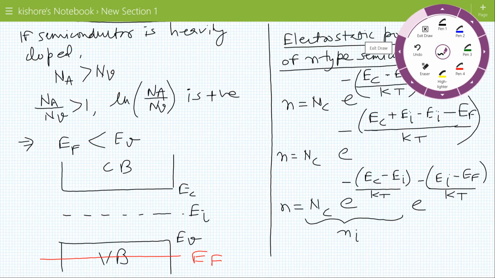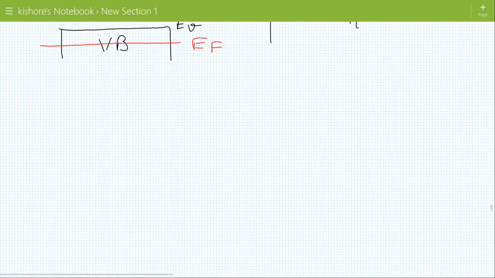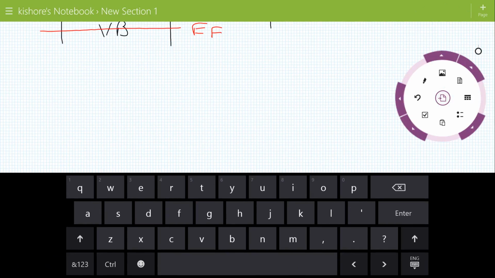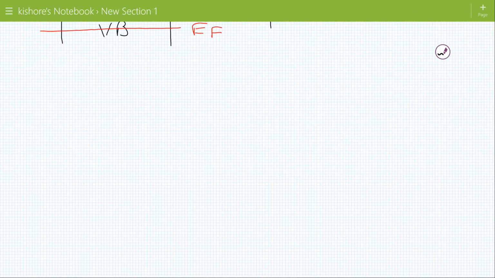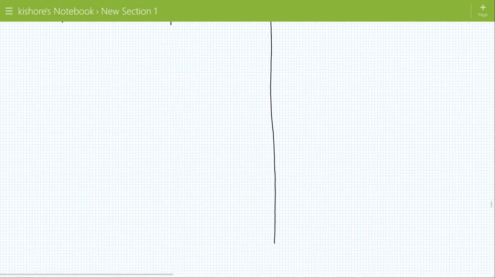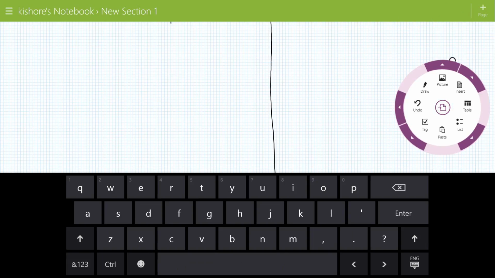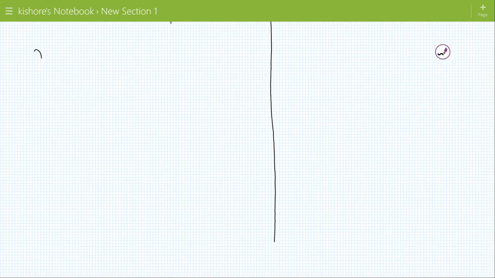So the expression for the concentration of electrons in terms of Ni and Ei is n, that is Ni e to the power minus (Ei minus Ef) by kT.